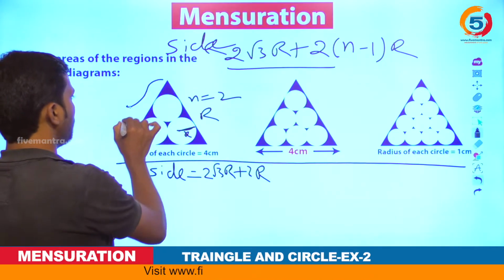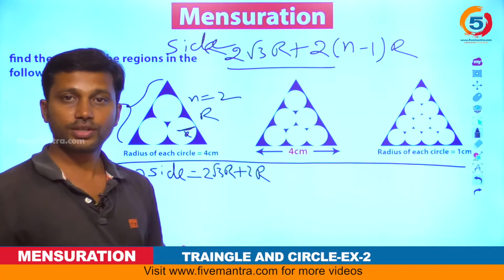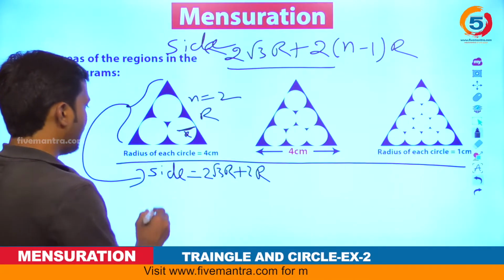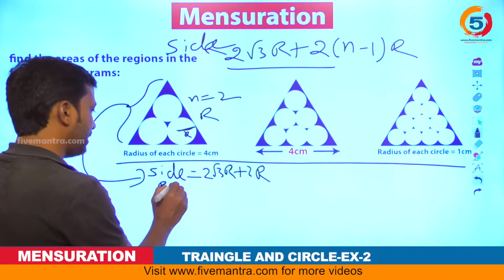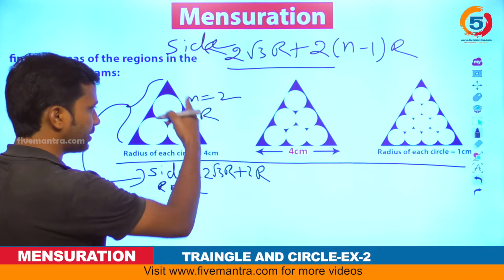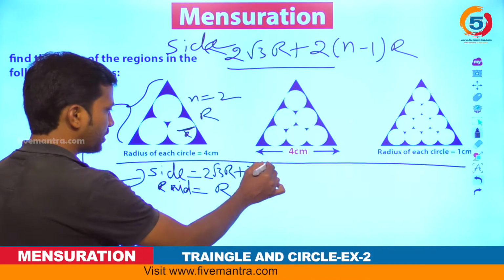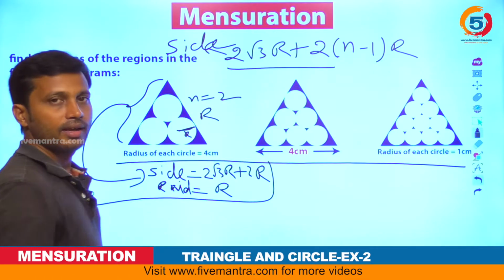We got the side, and the radius of each circle is given as R, because using that only we could find this. Your first step is over.